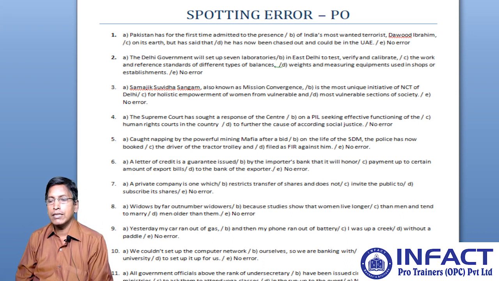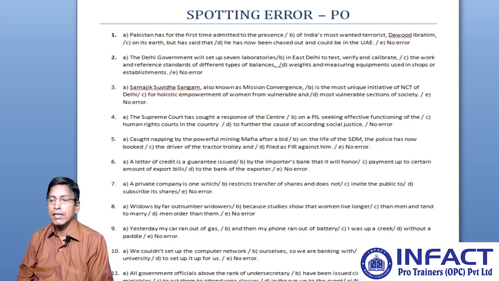Now let us take the third part. The work and reference standards of different type of balances. Here there seems to be some correction required. Is it the work and reference standards of different types or the working and reference standards? Something continuous should be there in the statement.